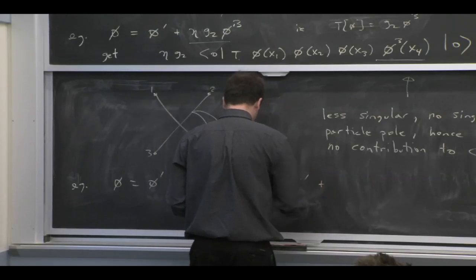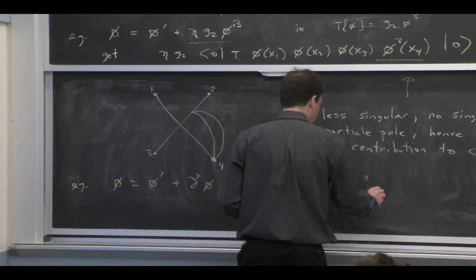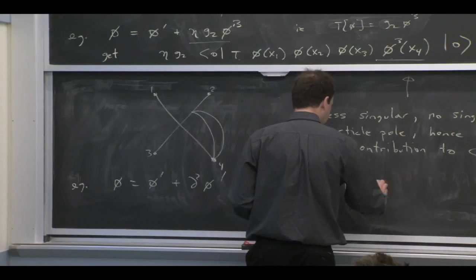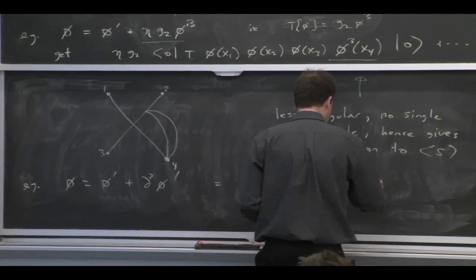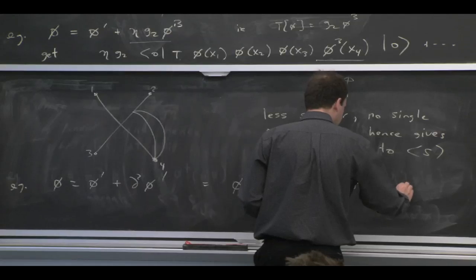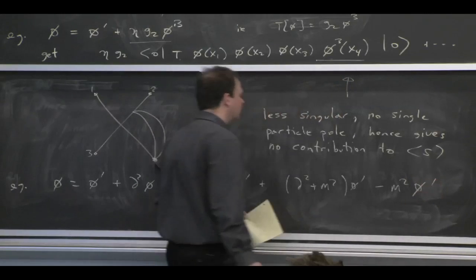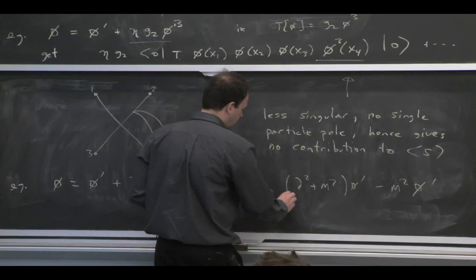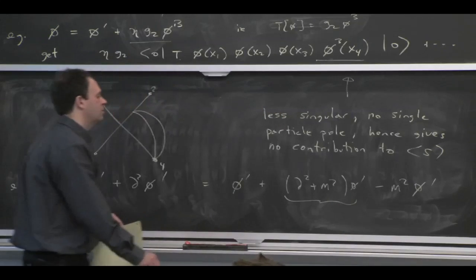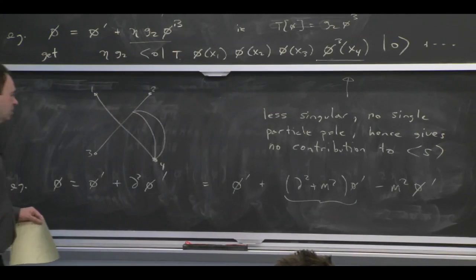Then we would do the following: we could add and subtract a mass term. The reason we would want to do that is that if we looked at a term like this, it's again less singular than this term.